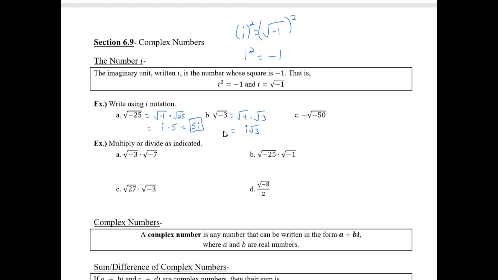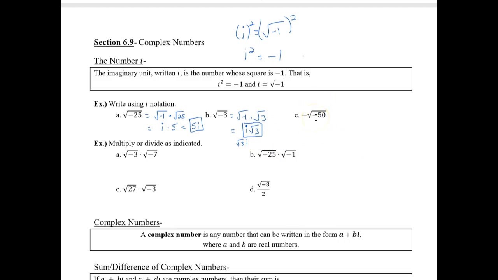Now you might see in some textbooks that they prefer you write that square root first and then the i. I personally prefer the i first so that I know it's not going to accidentally get written underneath that radical. So don't do that. Make sure that it stays out of the radical. And for me personally, I prefer the i first, so there's no confusion at all. It'll be i times the square root of 3.